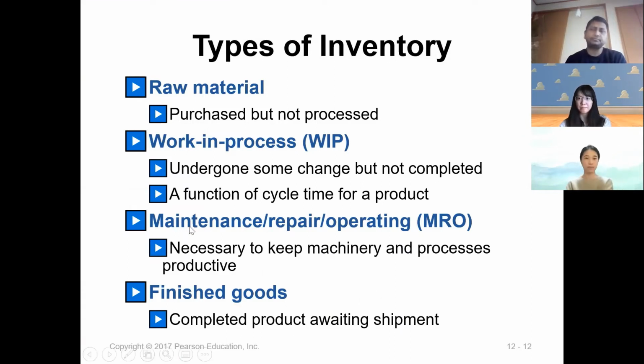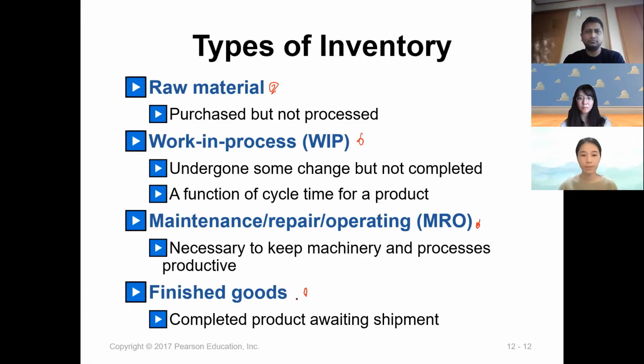So you notice there's raw material, work in process, maintenance, repair, and finished goods, which are actually the primary types of inventory that exist in all companies. So this is typical inventory.